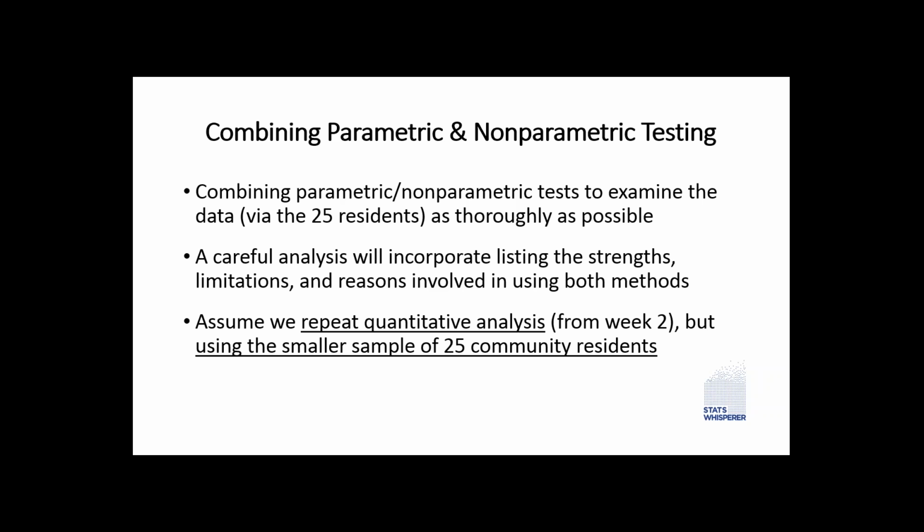So the first thing we should do, if we're saying the non-parametric complements the parametric, is repeat the parametric test with this smaller sample of 25. We should see if we get the same findings, and typically you do. I've rarely seen where they weren't the same findings, which is good because they corroborate the relationships between variables, which is what we're looking for.